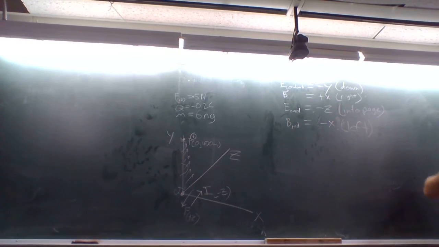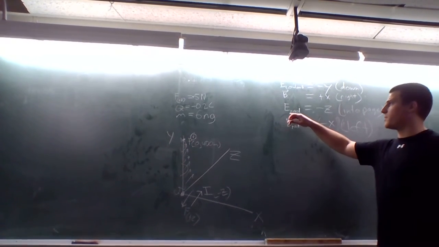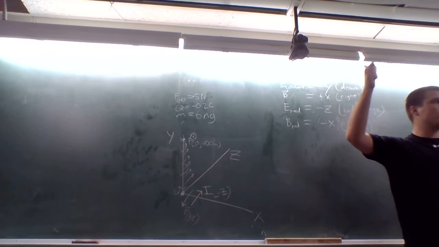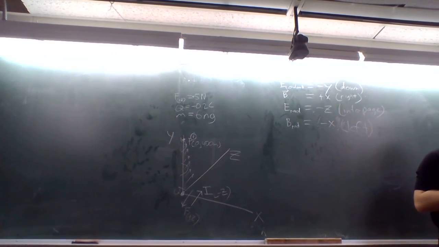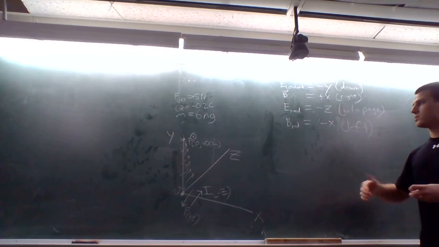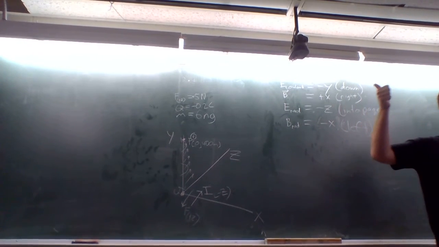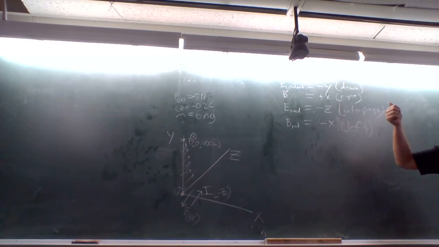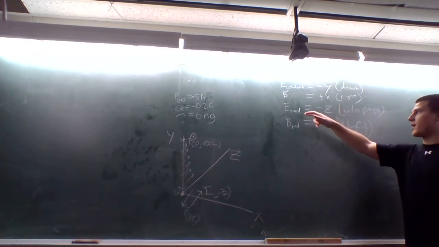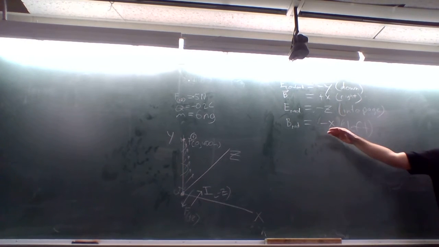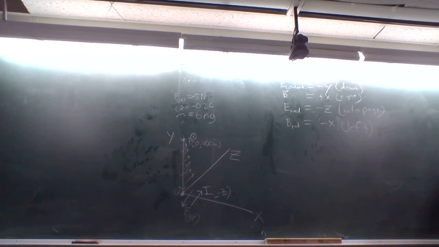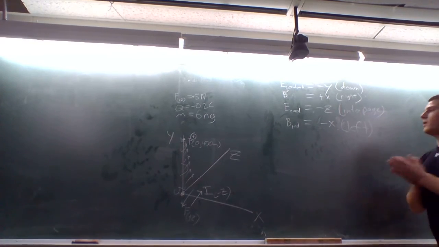So basically, the B radiation is always dependent on what direction the wave's going and the direction of the radiation field, and it'll be in the third coordinate. So if the velocity's in the y direction, and the E radiation is in, let's say, the z direction, then the only other option is x. You just have to determine if it's positive or negative. Okay, we'll do another example, I promise.